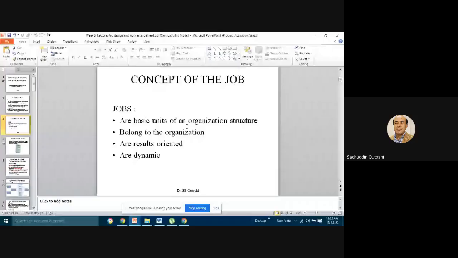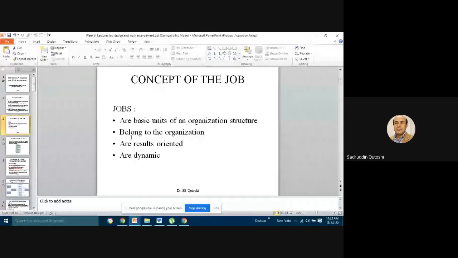Because of the jobs as unit of that organization, what kind of organization that is, and how that organization is going to achieve its mission in the light of these different basic units of its structure.